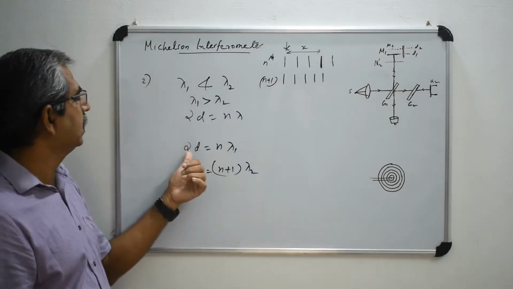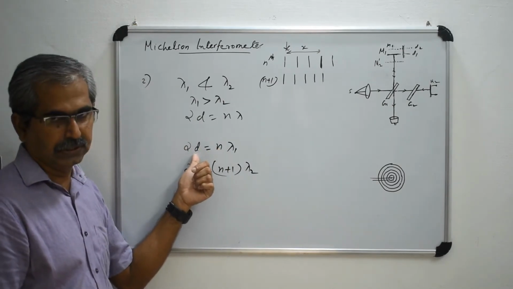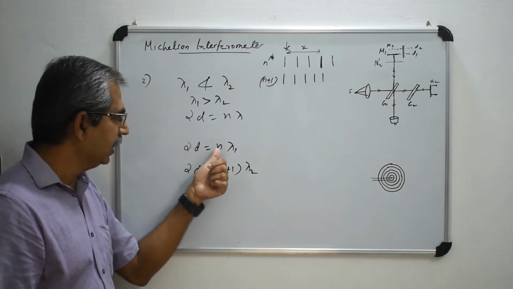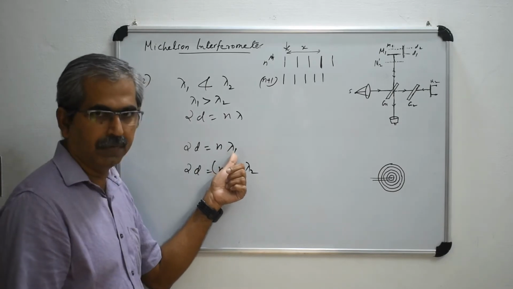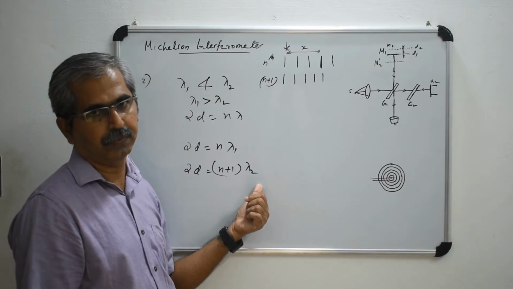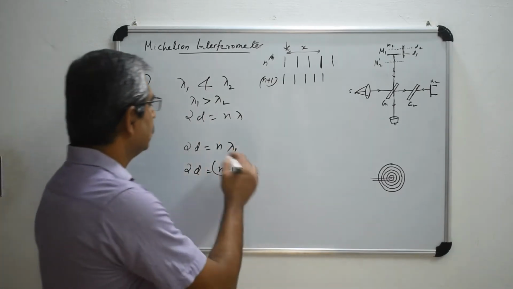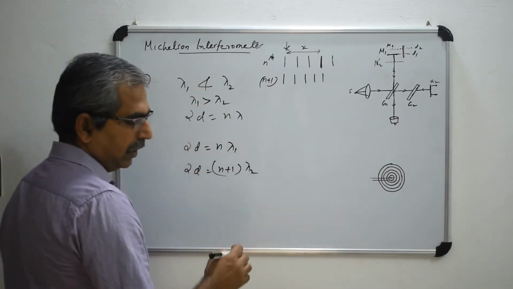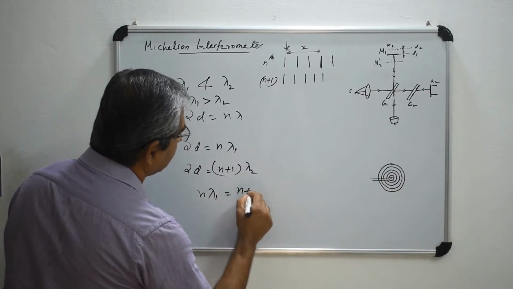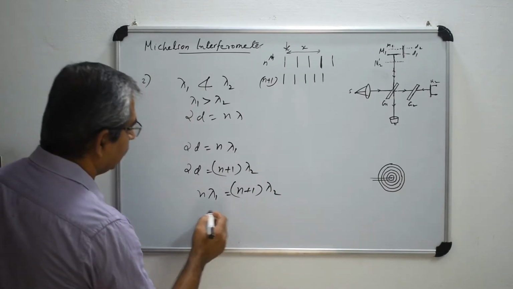And in that case you can see that at this particular distance d, the center path difference is 2d, and at this particular distance d, again the nth ring of lambda 1 will coincide with the n plus 1 ring of lambda 2. So the distance is the same. From this equation you can write that n lambda 1 is equal to n plus 1 lambda 2. You can find the value of n.